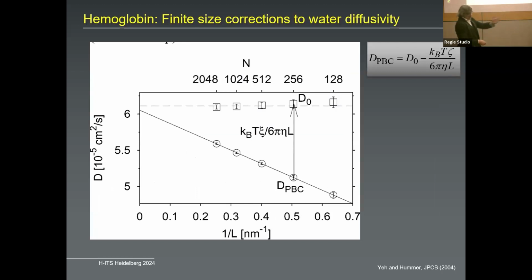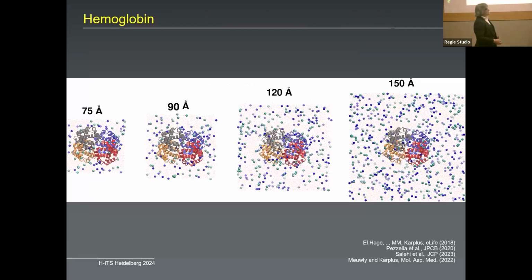And he worked out, and Kurt Kremer actually has a much earlier paper in 1993, going in the same direction, that there are finite size effects proportional to 1 over L. And if you finite size correct all of those according to this formula, these are the resulting diffusion coefficients.